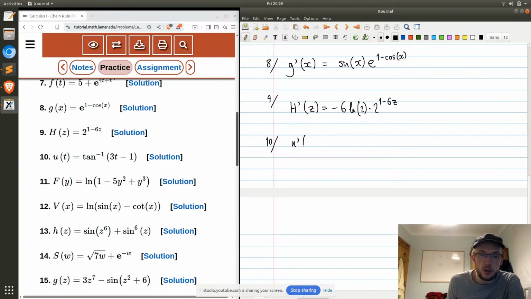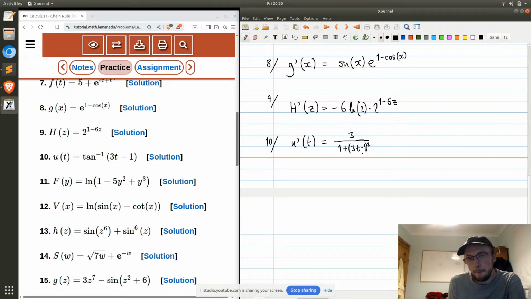So I believe u prime of t is, wait, hold on. Don't I do this? Right? And then times that by the derivative of that, which is 3. Just simply 3. So 3 would go on top.